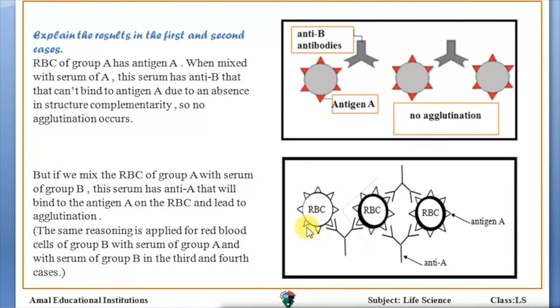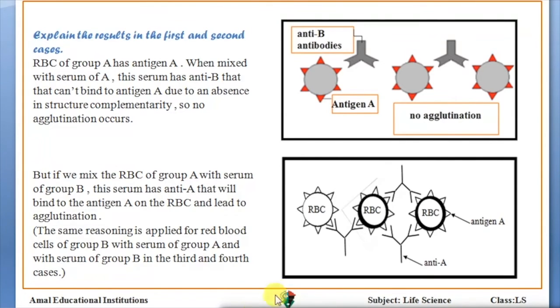The serum coming from group B will have anti-A antibodies, since, as you now know, group B has antigen B on the red blood cell but has anti-A in the plasma.